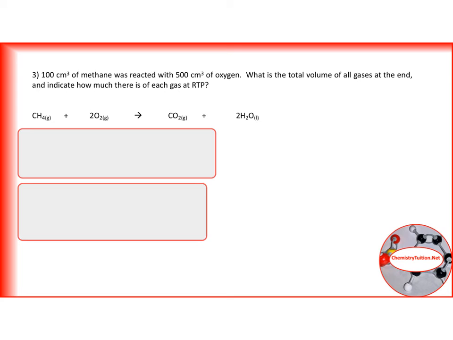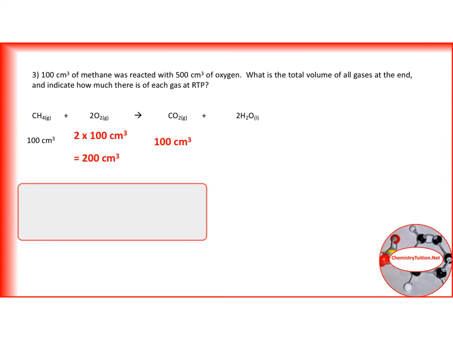Here's a slightly more challenging one for you to get your teeth into. Please feel free to have a go at this before we go through the answers by pausing now. If not, we will go through it step by step. We now have 100 centimeters cubed of methane, and it is being reacted with 500 centimeters cubed of oxygen.